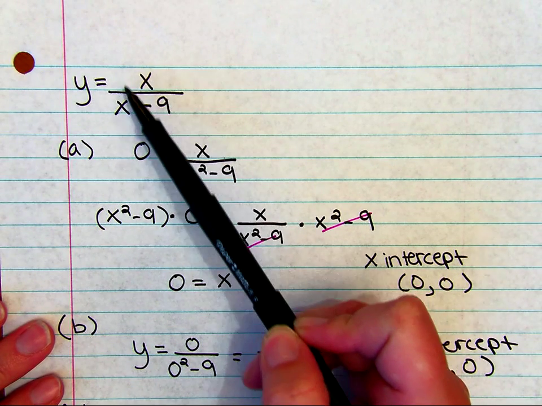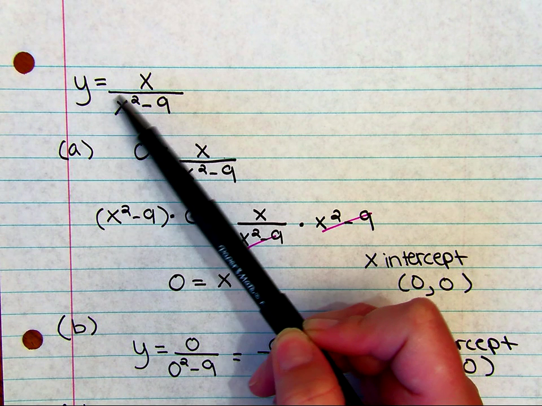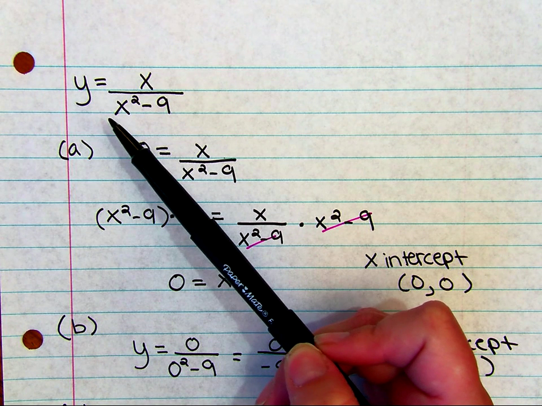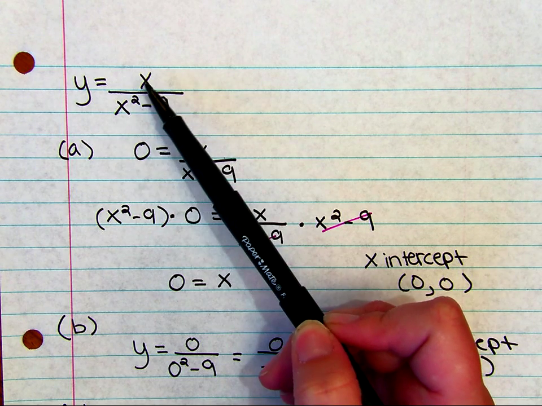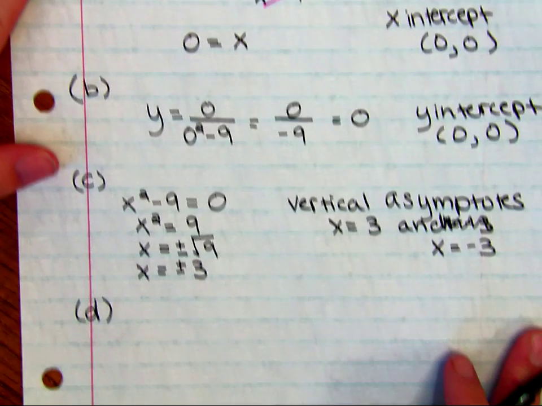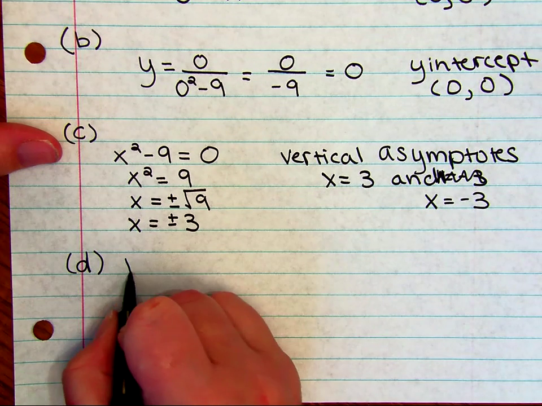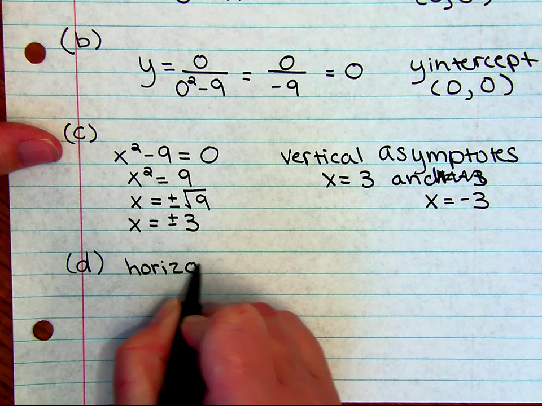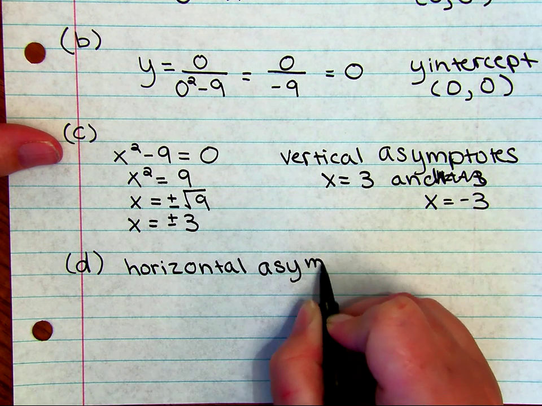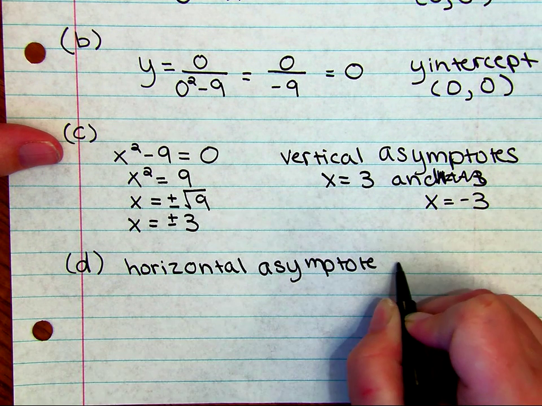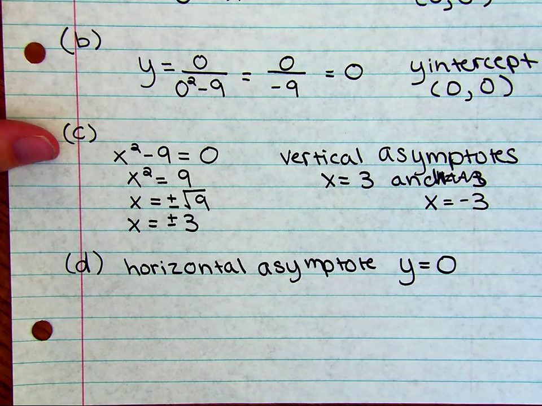The degree of my denominator is 2. So the degree of my numerator is less than the degree of my denominator. Using my 3 rules, my horizontal asymptote is at y equals 0.